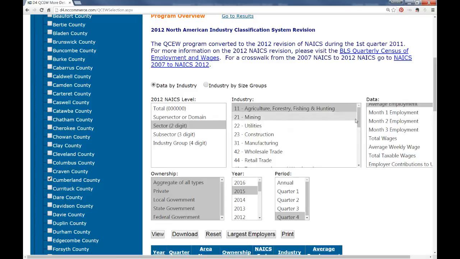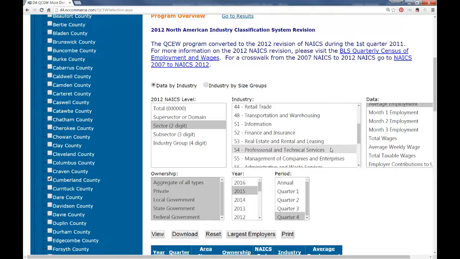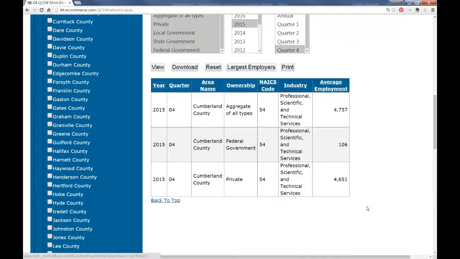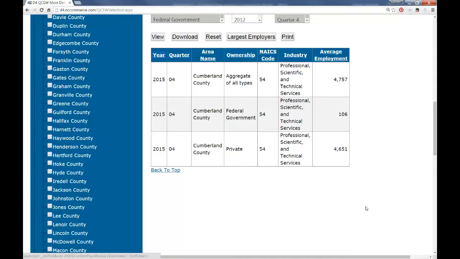But there used to be a time where they didn't. They did try to do their best to categorize them by the different domains. Here's a little bit better. You can see you've got a federal count in Cumberland County of only 106 of 4,651 total private jobs in professional, scientific, and technical services. Overall, that's a little surprising.